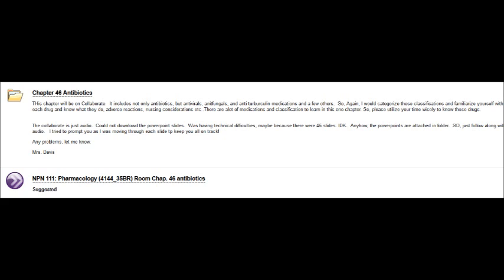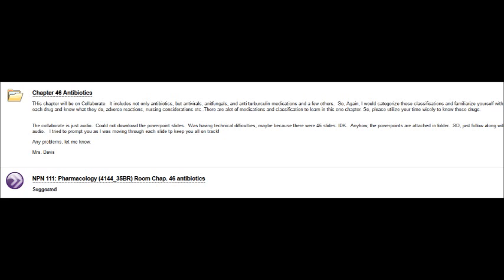Blood dyscrasias, you need to assess for those when your patients are on antibiotics. Any blood disorders such as anemia, folic or B12 deficiencies, or if they've received chemo, radiation, or a transplant, especially with your immunocompromised patients, such as your cancer or HIV patients, can lead to blood dyscrasias.